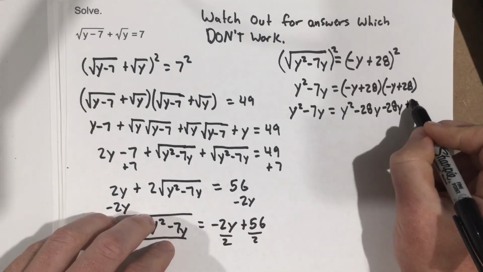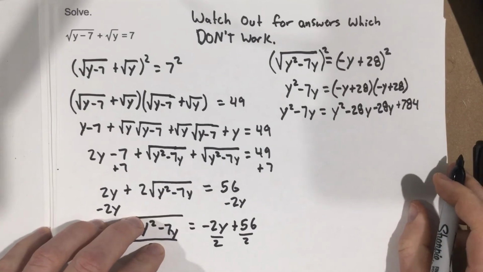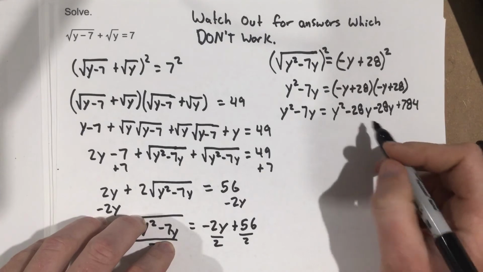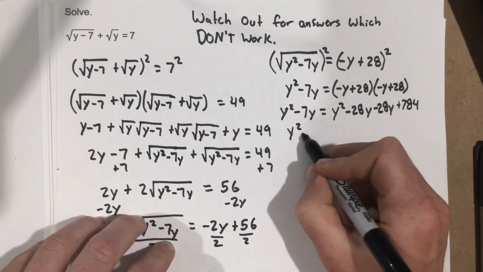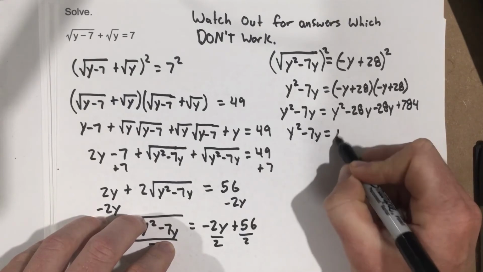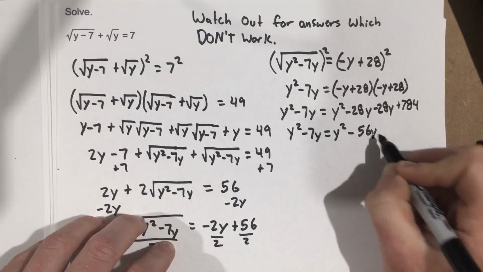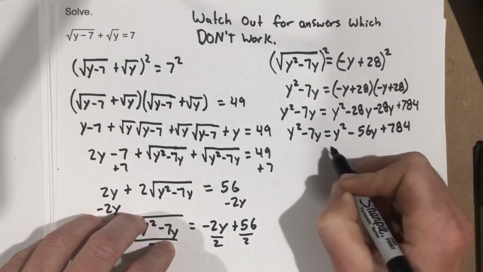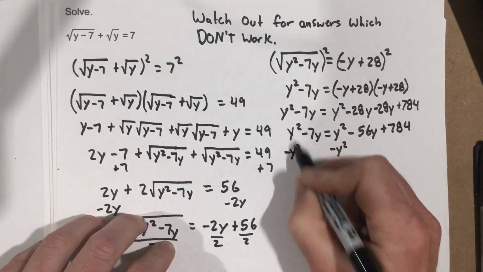So plus 784. Let's combine some stuff here. So we end up with y squared minus 7y equals y squared minus, this is 56y, plus 784. Subtract the y squared over, and that cancels out completely.